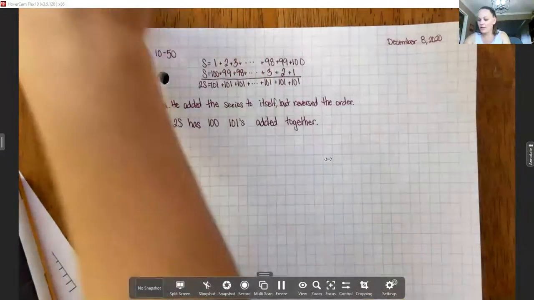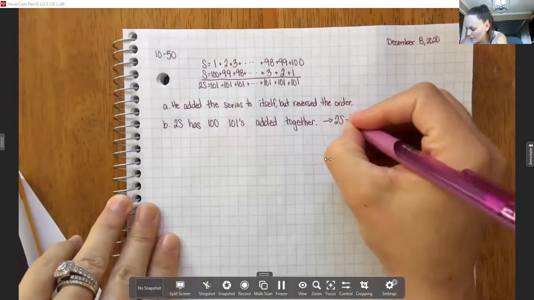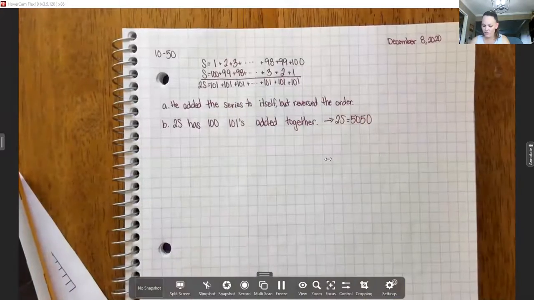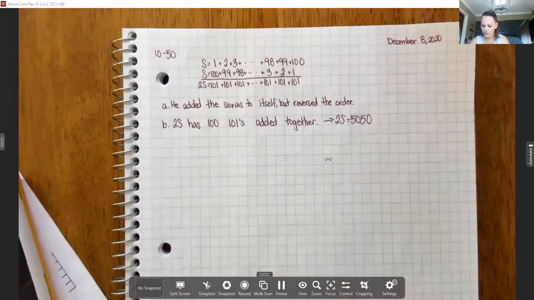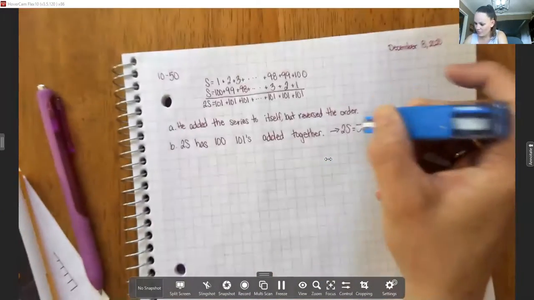So that tells us that 2s is equal to 5,050. Or just kidding. Ignore that. Don't write that. That's what I was jumping ahead.